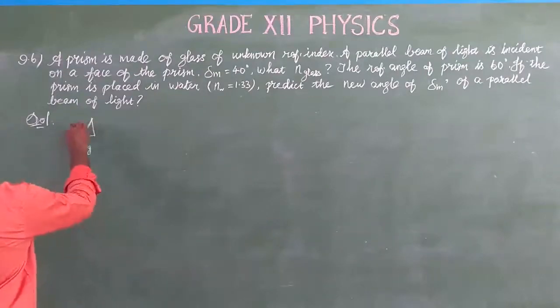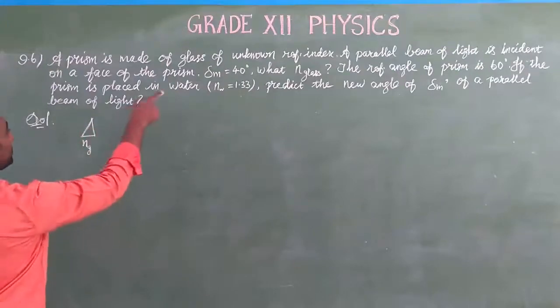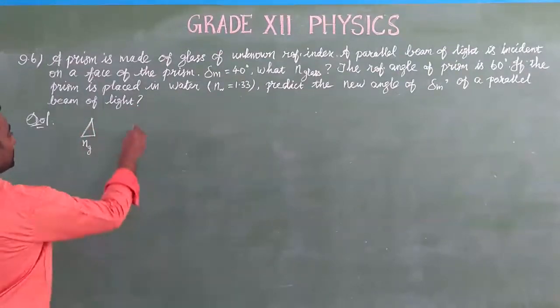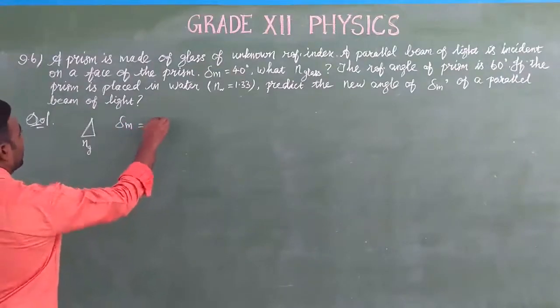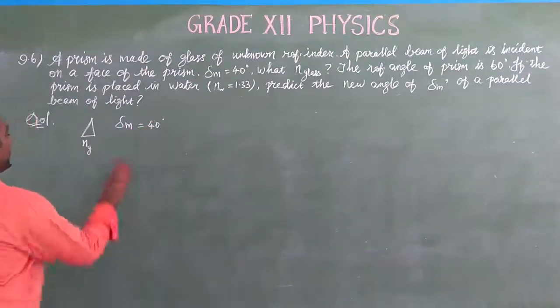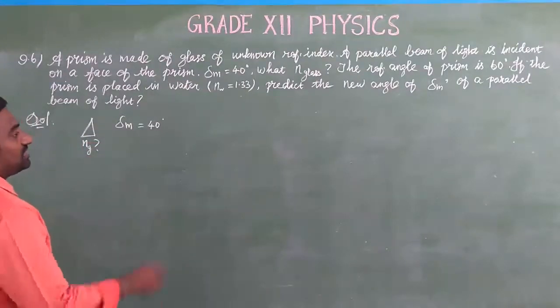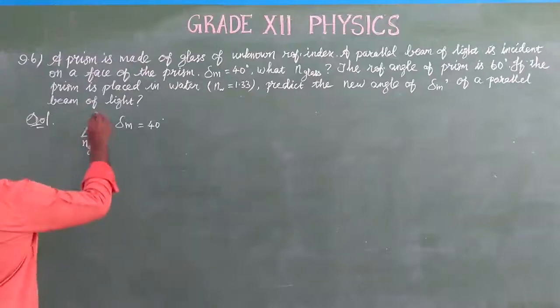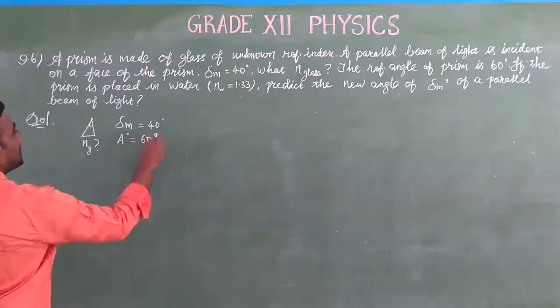A parallel beam of light is incident on a face of the prism, and the angle of minimum deviation is 40 degree. We want to determine the refractive index of glass. The angle of the prism never changes, so the angle of the prism is 60 degree.